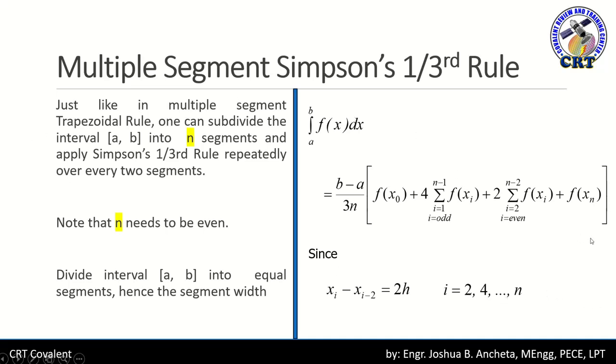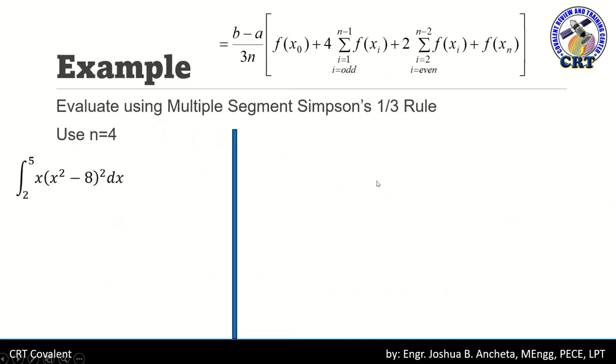To illustrate this, let us have this example. Evaluate using multiple segment Simpson's one-third rule, but this time, let us use n equals 4, so that is 4 segments. We have the integral of x times the quantity x squared minus 8 raised to 2 dx, limits from 2 to 5.